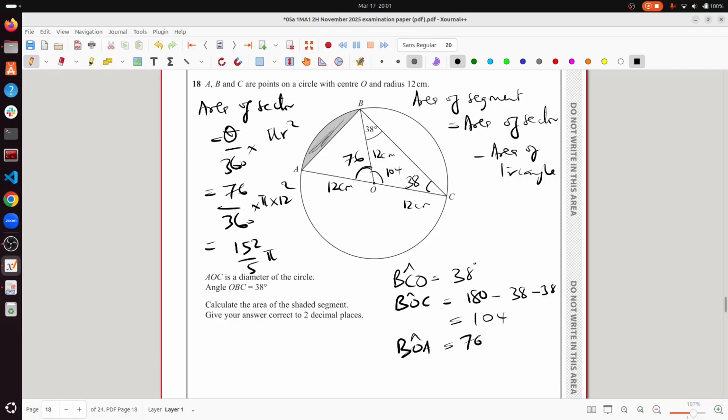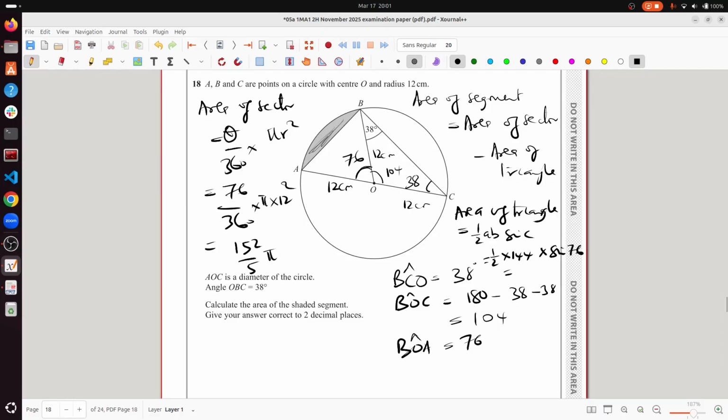And the area of the triangle is half AB sine C. That is the same thing as half times 12 squared, which is 144, times sine 76, using your sine rule to get that.